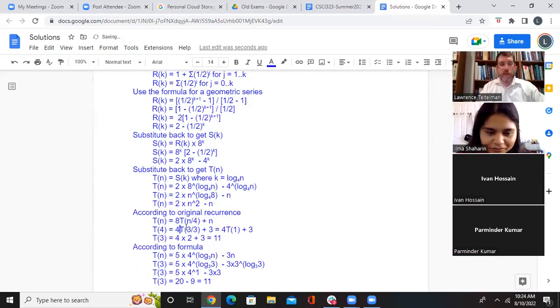So we get 8 times T of 4 over 4, plus 4, which equals 8 times T of 1 plus 4. So T of 4 is equal to 8 times 1 plus 4, which equals 12.